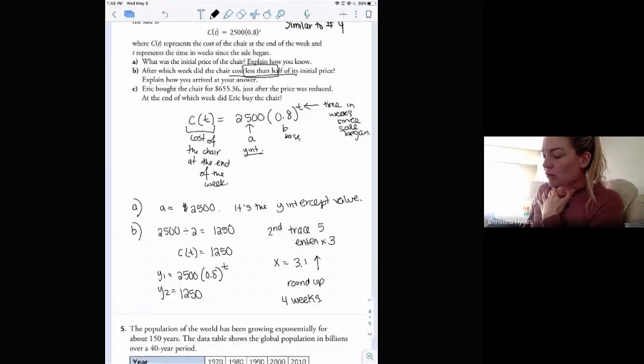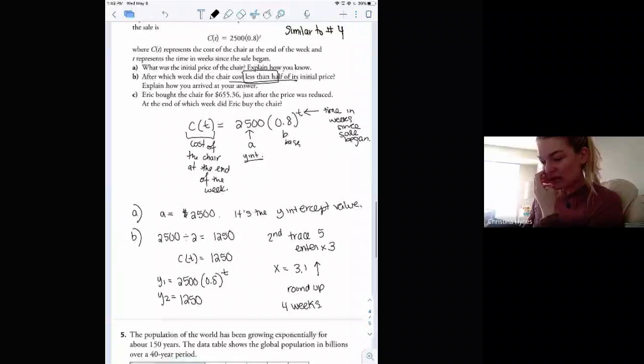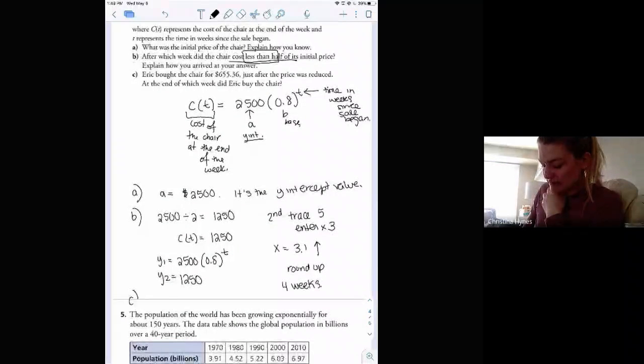Okay, so what we're doing is we're putting that into your Y2 value instead. Again, they're trying to find the time. So we want to put in Y2 as 655.36. I'm just showing you how it will be similar to your assignment.